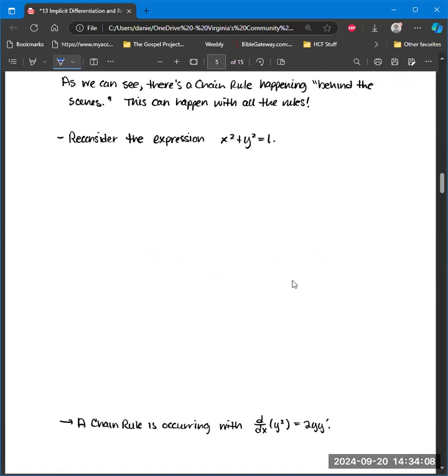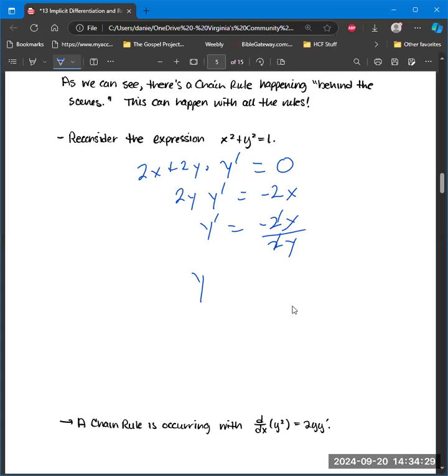We already did this here, but I'll do it again. This is 2x plus 2y times y prime is equal to 0. 2y y prime is a negative 2x. y prime equals negative 2x over 2y. So y prime is a negative x over y, just like we saw before.